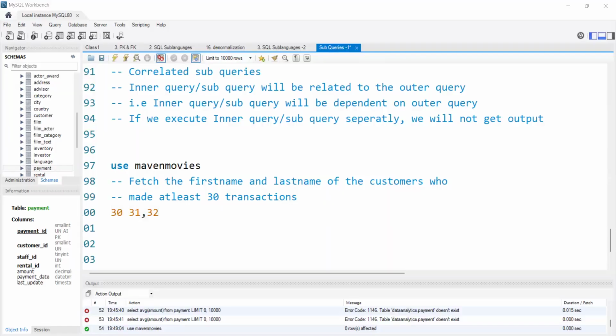And the second thing, if we try to divide this question, what will be my division? The first part is I need to find the first name and last name of the customers. The second part of the question, I need to find the 30 transaction details from the payment table.